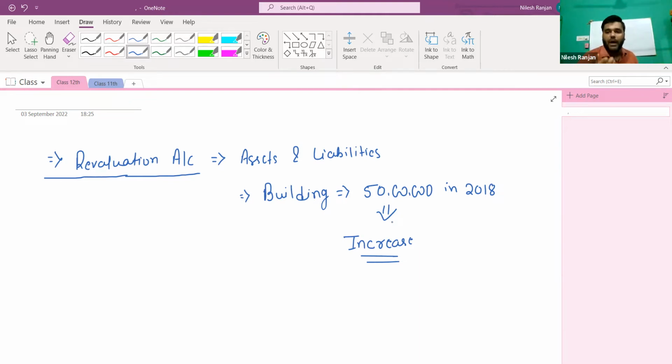It is related to past. That's why it is also called past profit. And it is distributed between old partners because new partner is not related to past. He is coming right now and he will share the future profit of business. So he has no right in past profit. Yes or no?